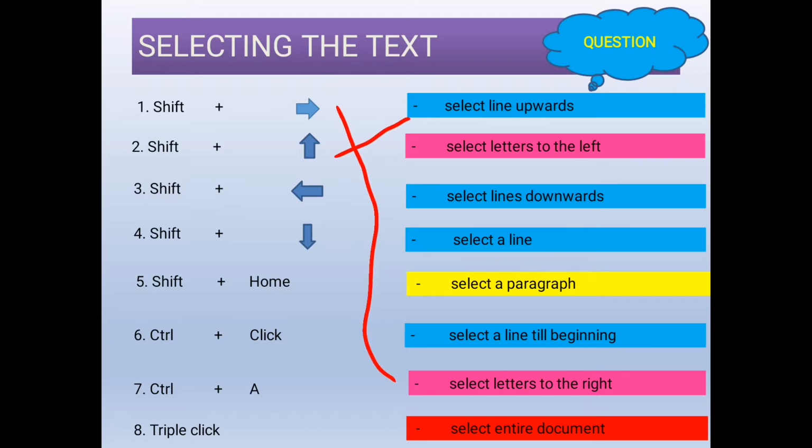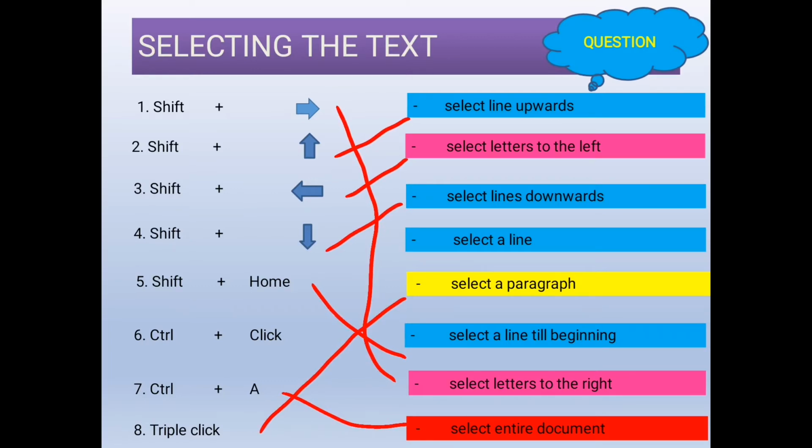Shift left will select the letters to the left side, and shift down arrow selects a line downwards. Shift home, what is the purpose of shift home? Home is the beginning, so till the line begins it will get selected. Control A is used to select the entire document, and triple click selects a paragraph.